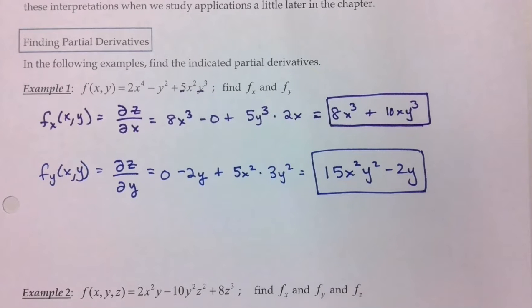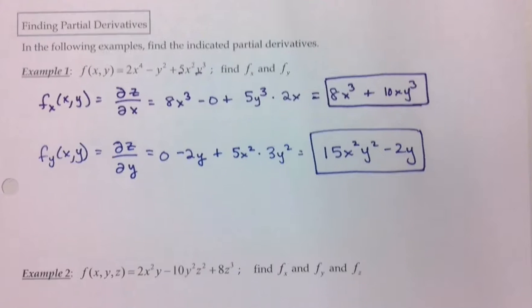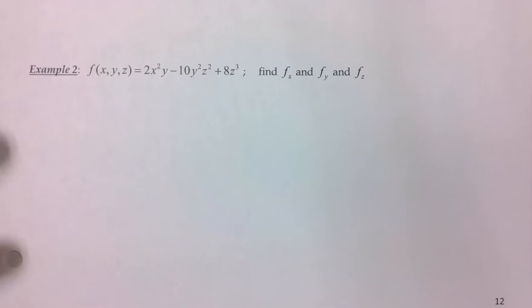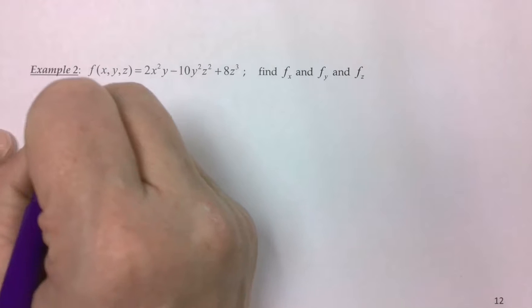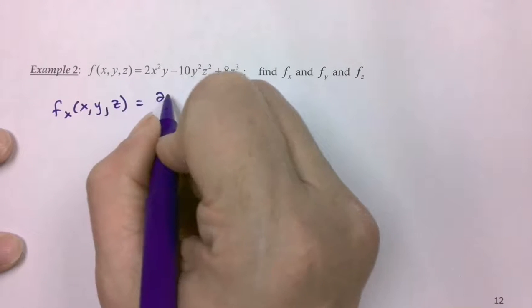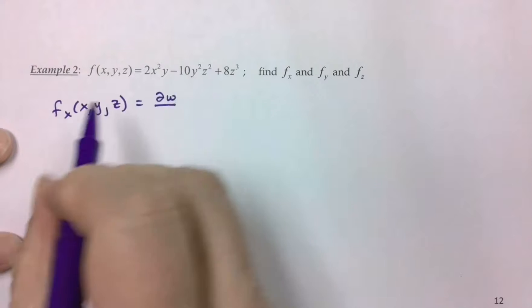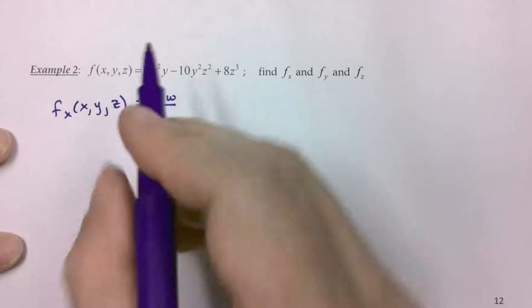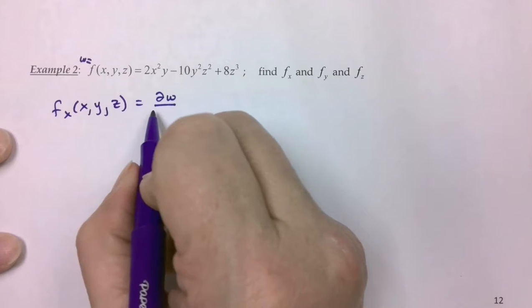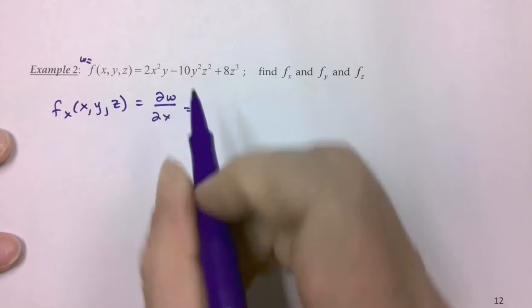And there we go. All right, now what if we have 3 dimensions? And the answer is, it's the same thing. So let me find f_x of x, y, z, which again is the same thing as, now this would be w here because we have need of z, so your w is this function. So the partial derivative of w with respect to x.